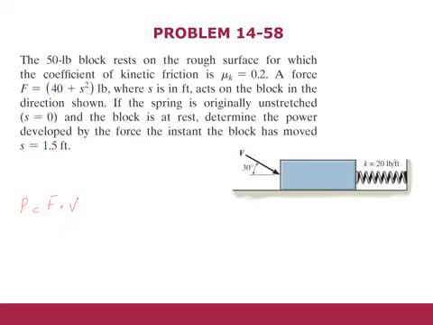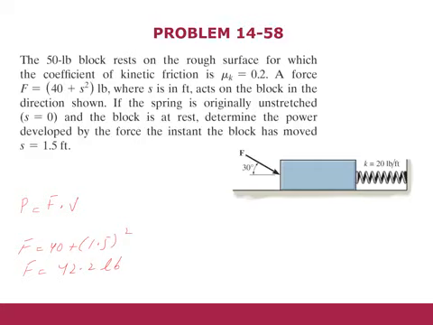So we can say that our F is 40 plus 1.5 square. So we will get F equal to 42.2 pounds, right?